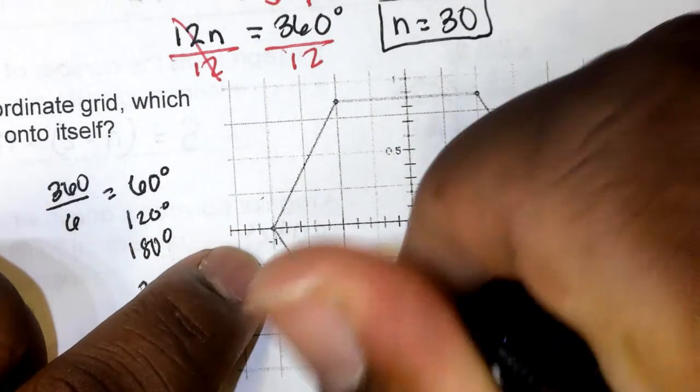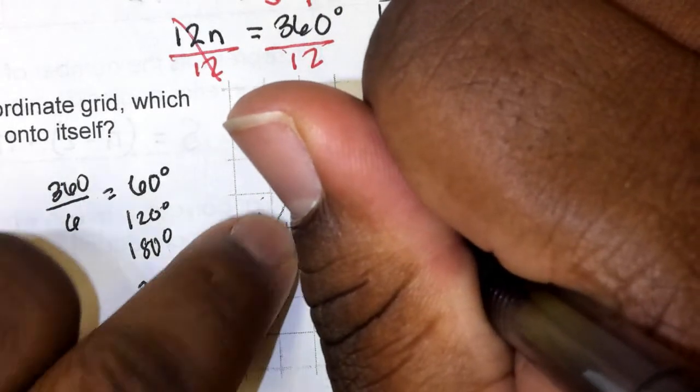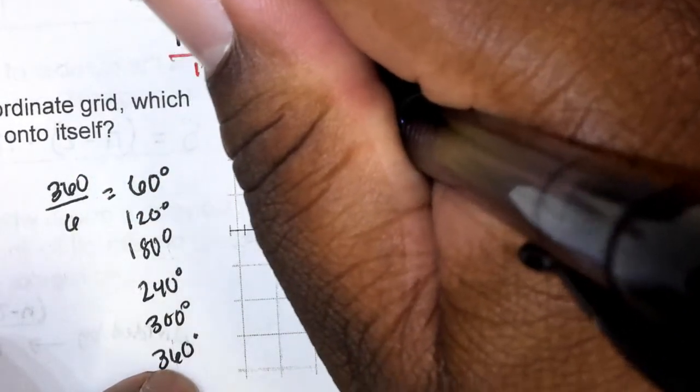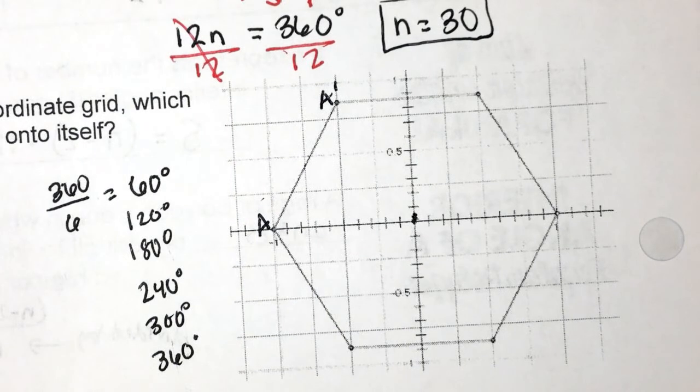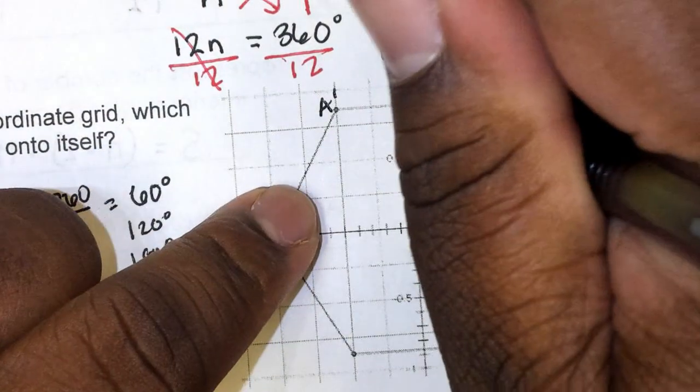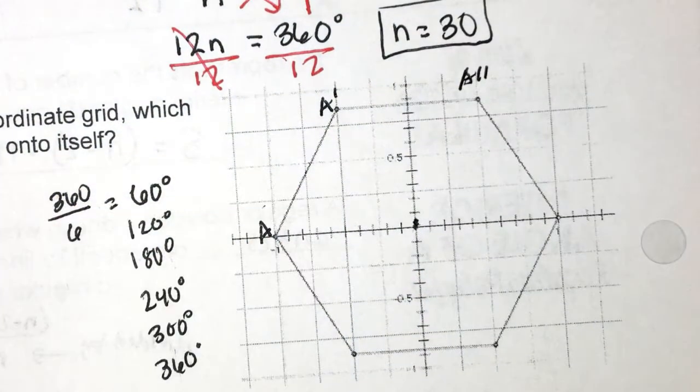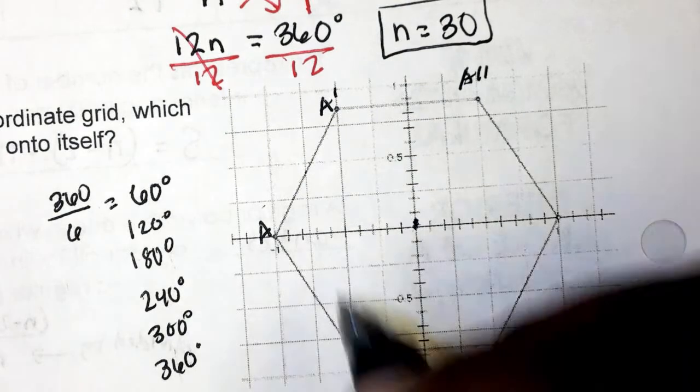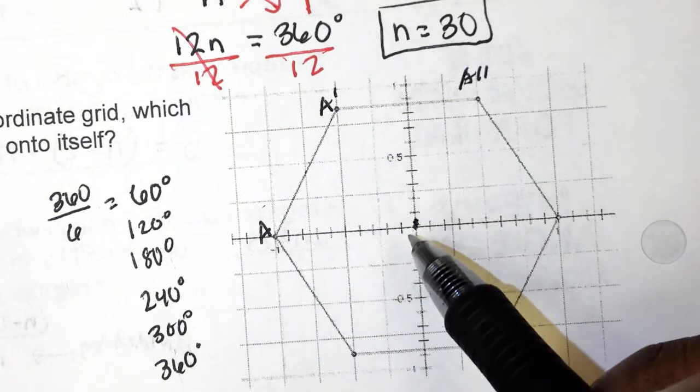So specifically, if this was point A, if I rotated 60 degrees, A prime would be here, my new A. If I rotated 120, A double prime would land me up here. But the figure will keep landing on itself every time I spin 60 degrees.